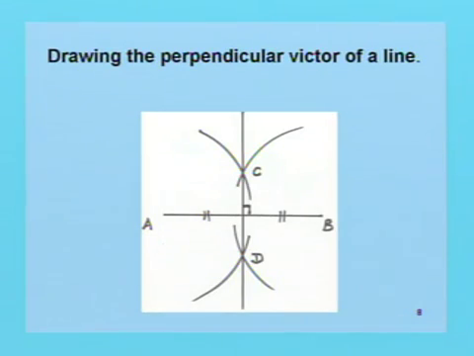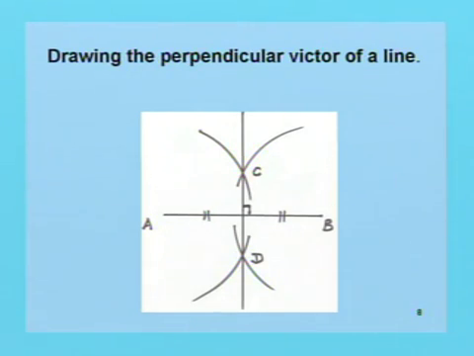Drawing the perpendicular bisector, please see that, not Victor, bisector of a line. We are given line AB, and we are asked to bisect the line AB using the pair of compasses. Now, at center A and a suitable radius greater than half the length of AB as estimated, make two arcs, one above, one below.